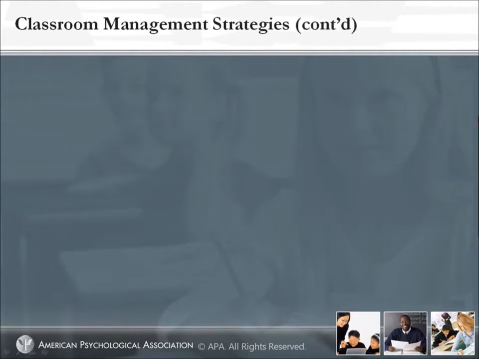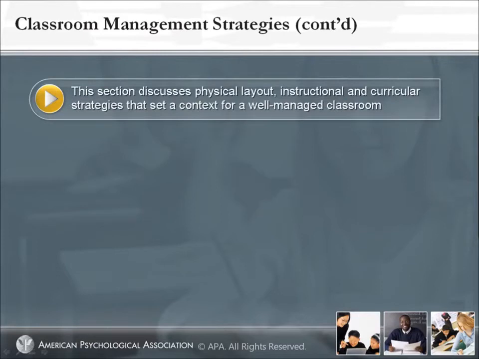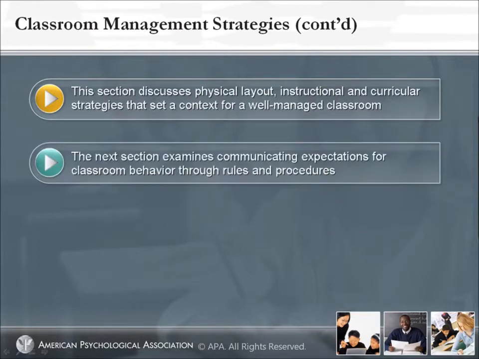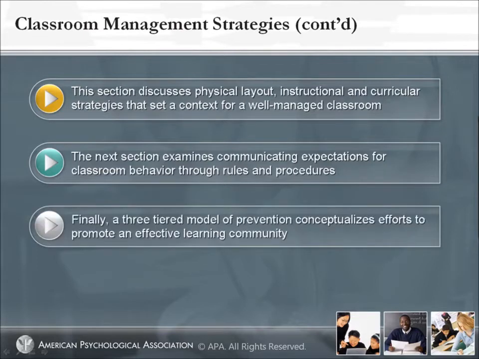This section of the module begins with a description of the physical layout and instructional and curricular strategies that set a context for a well-managed classroom. The next section examines strategies for communicating expectations for classroom behavior through rules and procedures. Finally, a three-tiered model of prevention will be highlighted as a framework to conceptualize efforts to promote an effective learning community.